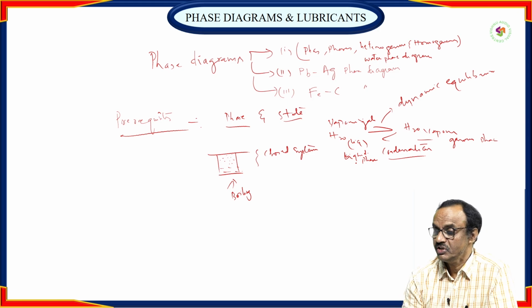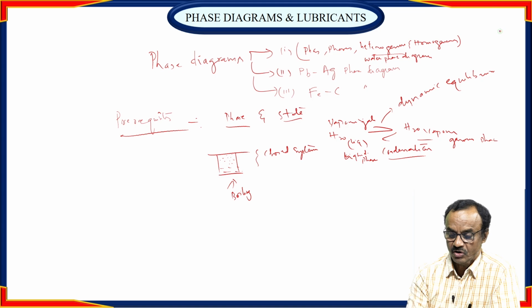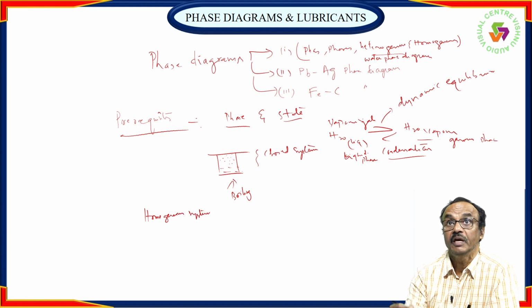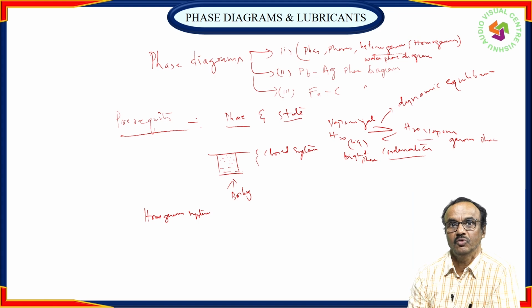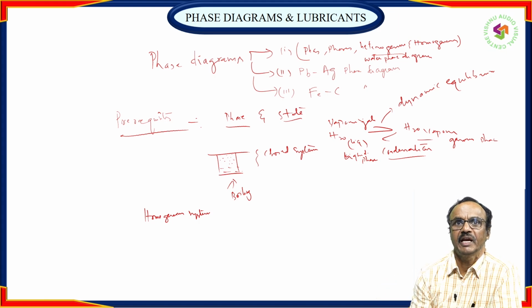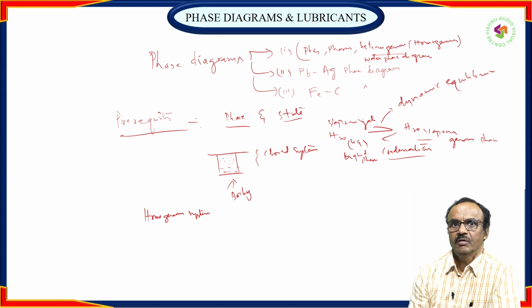So, homogeneous system and heterogeneous system. A homogeneous system, for example a salt solution. Air, outside air, is unlimited. Air has different components, mainly nitrogen and oxygen, but it is uniform, the same throughout.